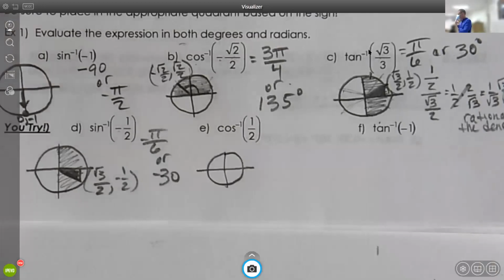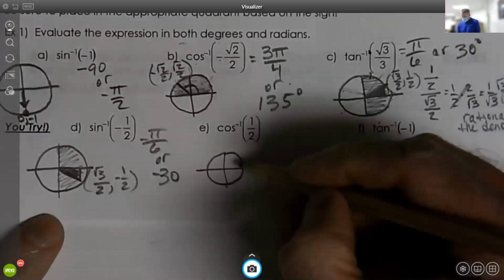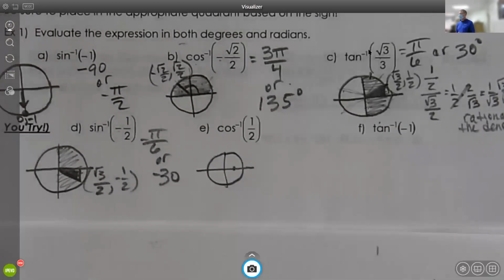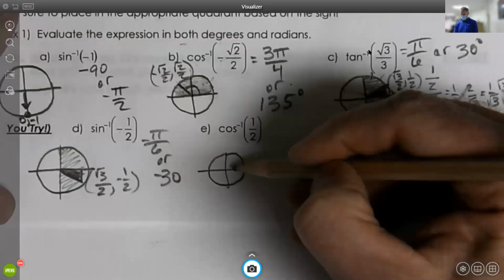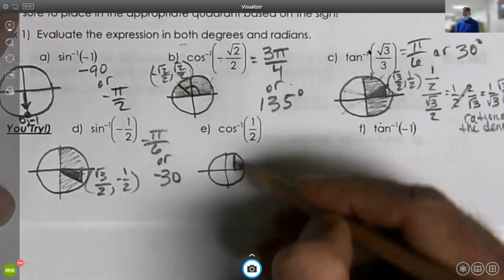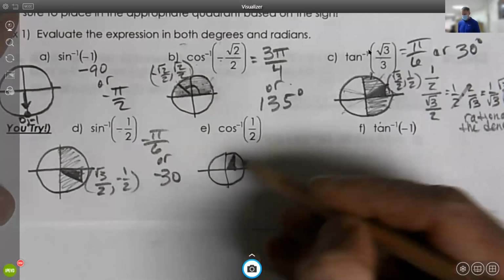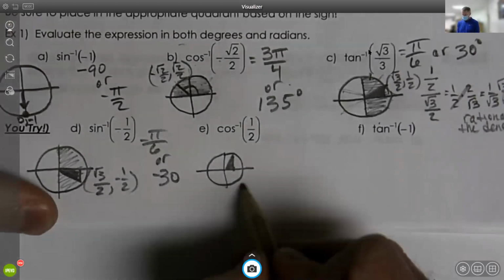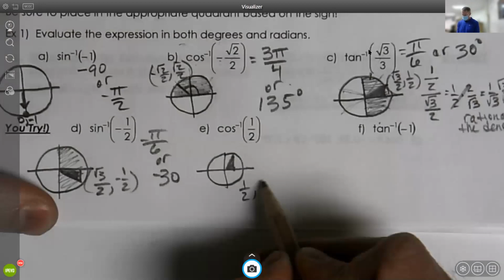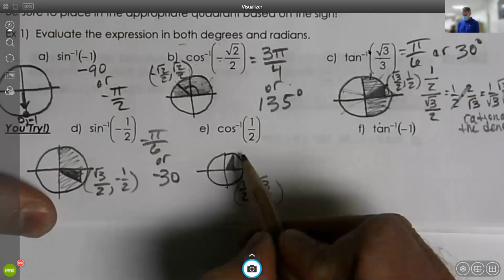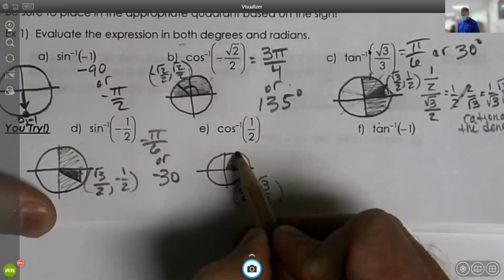Cosine is your x value, and there's your 1/2. That's half of the x. Then when you go straight up, you can start to see that triangle form. You clearly have a small edge and a long edge, short and a long. So your x is short and your y is the long side. So that's the coordinate that would be right up here.